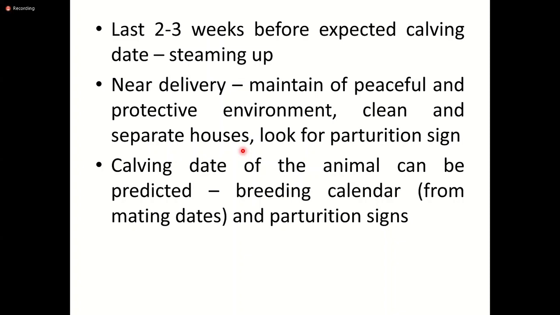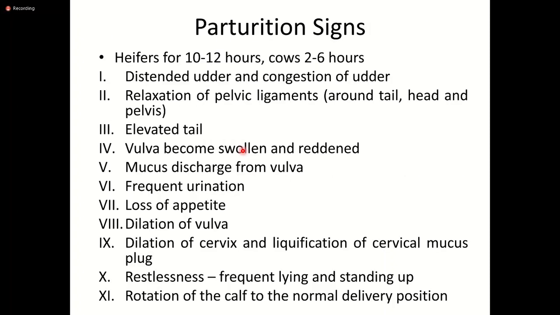Sometimes we predict based on the size of the fetus or the rate of growth, date of conception or the breeding. So we can predict based on the breeding calendar when these animals are going to give birth to their young ones, right? අපිට ඒක credit කරන්න පුළුවන් පොඩි calendar එකක් තියෙනවා අපි කියන එකට breeding calendar කියලා, right?